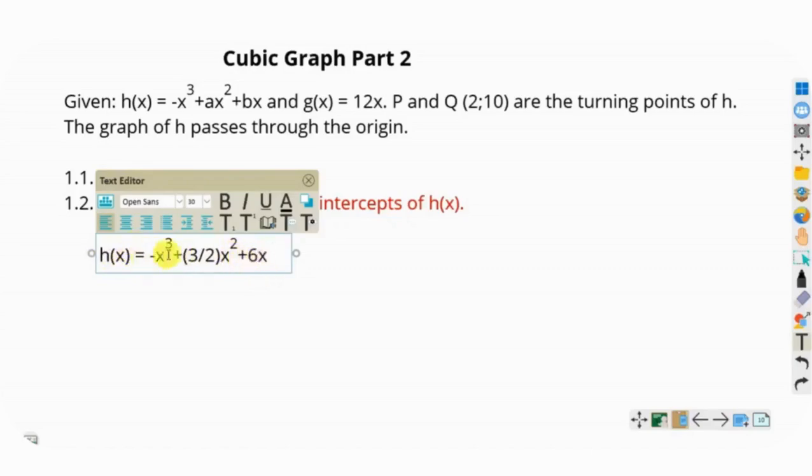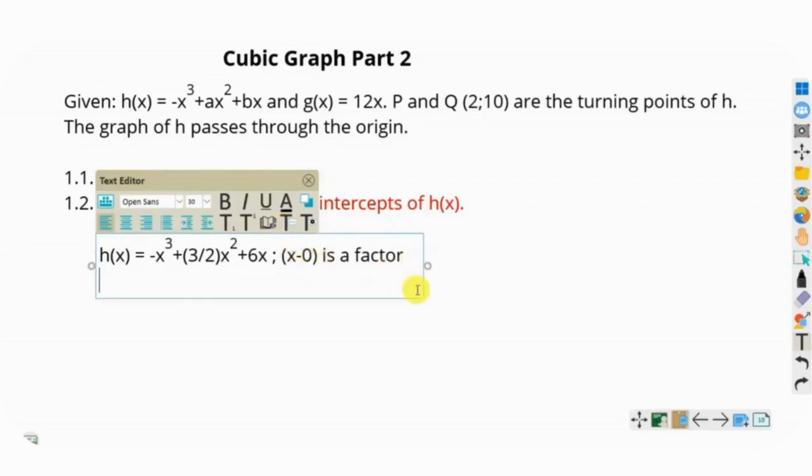So this means that x equals to 0 is a factor, right? Or others might just say in bracket x minus 0 is a factor like that.